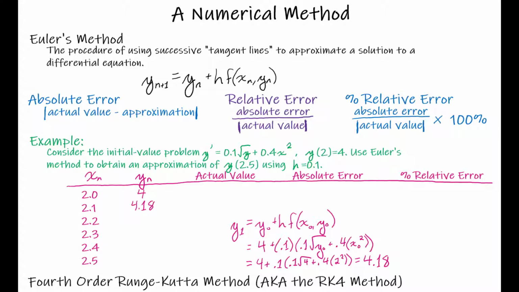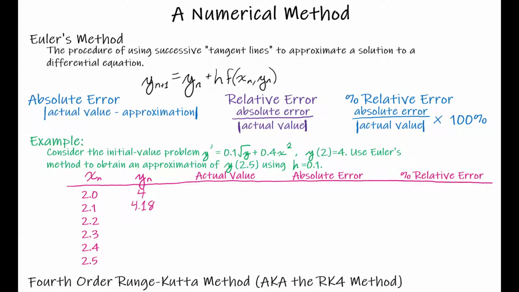So now I know y1, and I'm ready to calculate what y2 would be. Again, using Euler's method, y sub 2 will equal y sub 1 plus h times f of x sub 1, y sub 1.